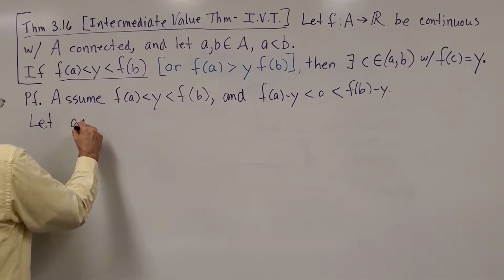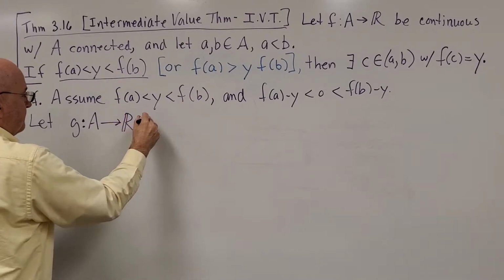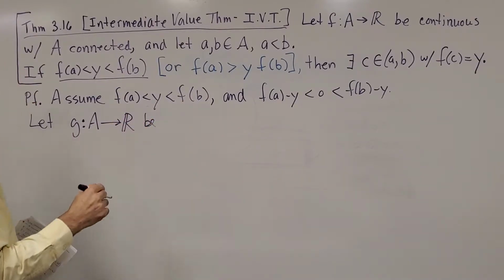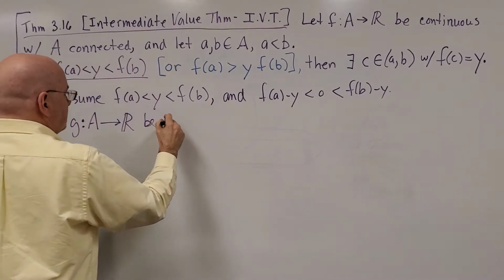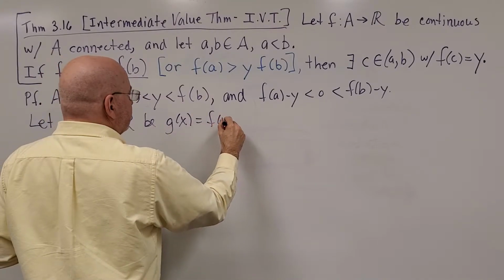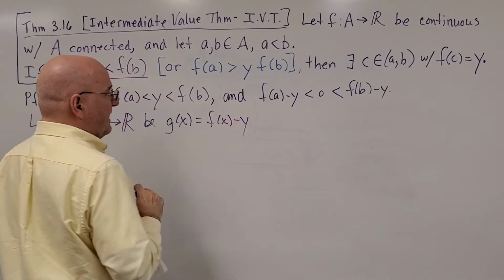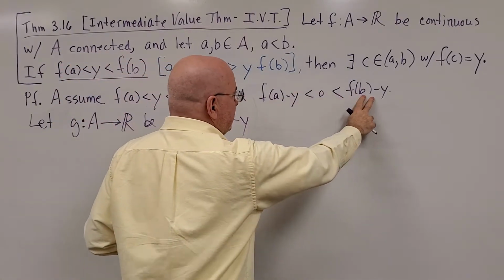Let g, which has the same domain, be defined like this. g of x is equal to f of x minus y. So this would be g of a, and this would be g of b.